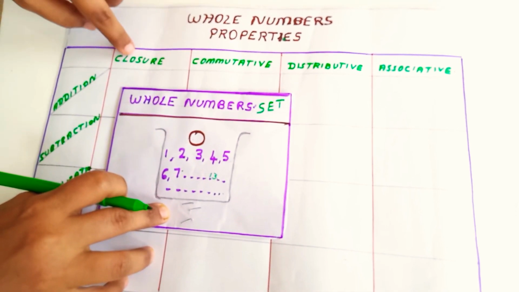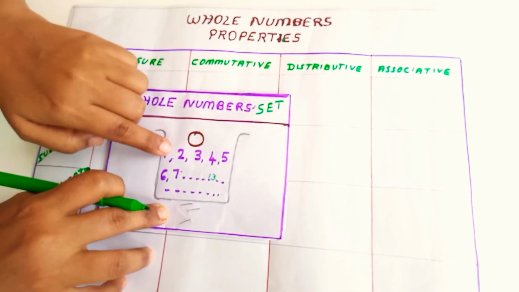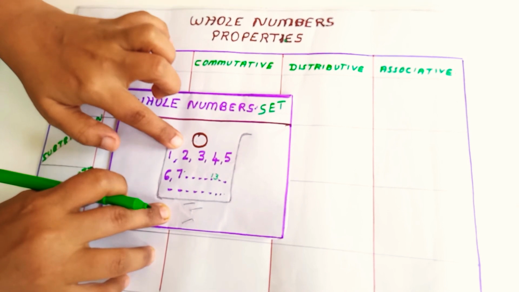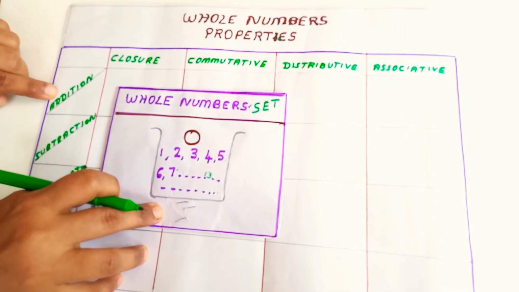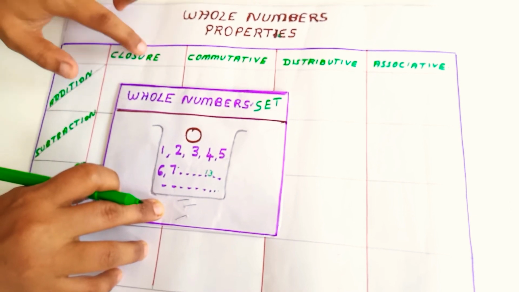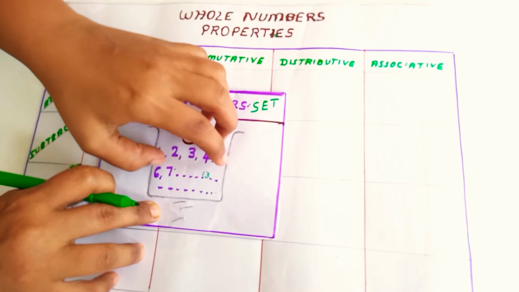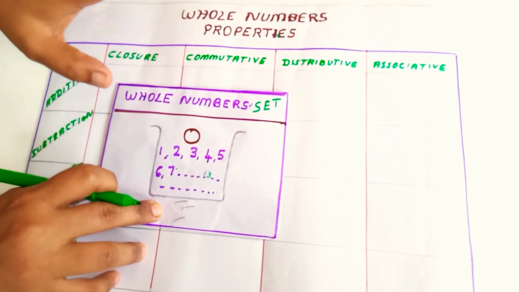See, we are dealing with the closure property on whole numbers. We are taking two numbers from the whole number set, and first we will see how it affects addition. Closure property on addition. Just take two numbers from the whole number set and add them.